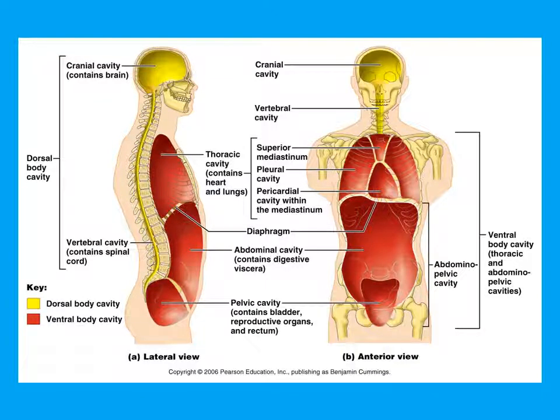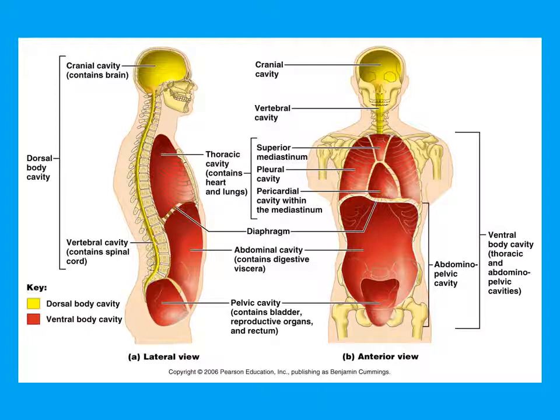So in this diagram, let me try to pick a color that's different from everything else that maybe you can actually see. You can, from this lateral view, meaning the side view, in yellow is your dorsal cavity. This is the cranial cavity that contains the brain, and then the vertebral cavity or spinal cavity that contains your spinal cord.